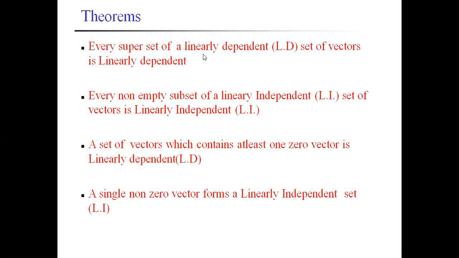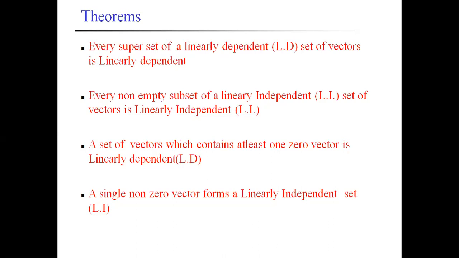Therefore, what is the linear combination of these vectors? c1 u1 plus c2 u2 plus and so on, cn un equal to 0. So we can add some more vectors to this, beta, that is v1, v2, and so on, vm. Therefore, it can be written as the linear combination c1 u1 plus c2 u2 plus and so on, cn un, plus 0 into v1 plus 0 into v2 and so on, plus 0 into vm, equal to 0.